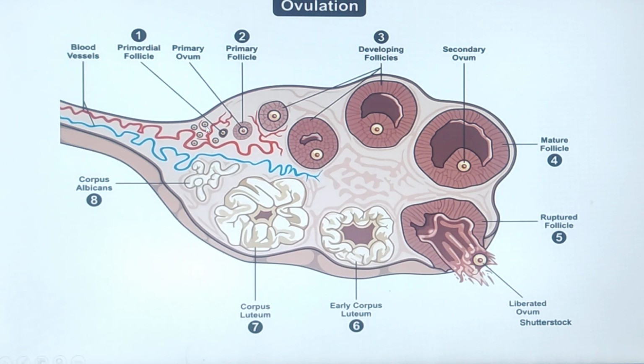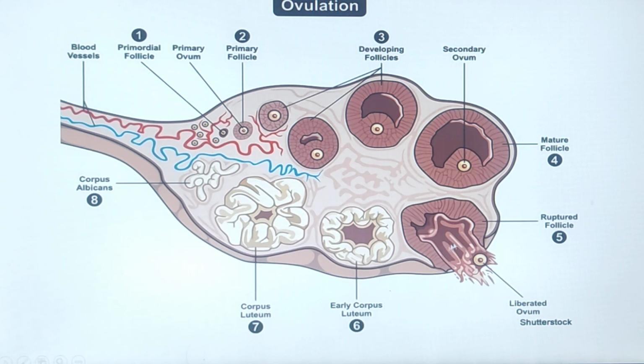Every month females release some follicles, more than 5 depending upon the age, and only one dominant follicle matures, forming primary and developing follicles, ready for ovulation. The remaining primordial follicles degenerate in that place itself, and only one follicle matures for ovulation with the help of FSH, the follicular stimulating hormone. This hormone is responsible for maturing the ovum in the ovaries.